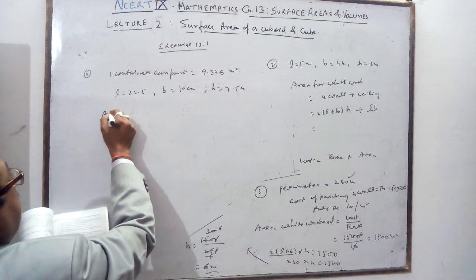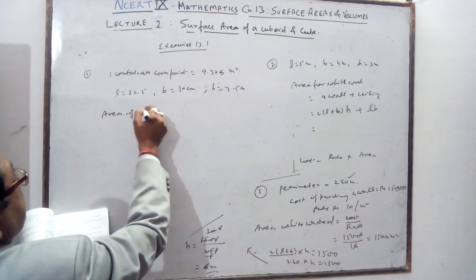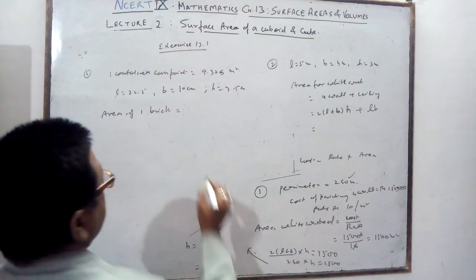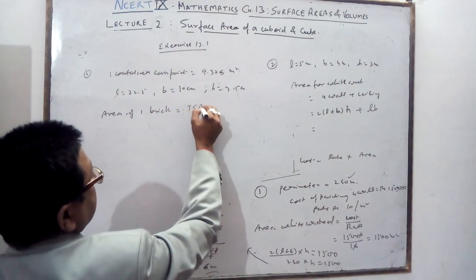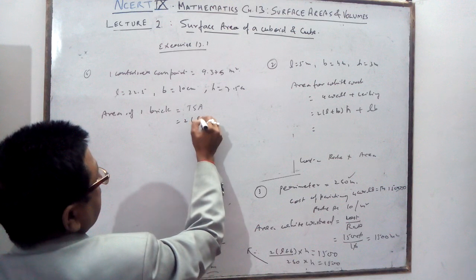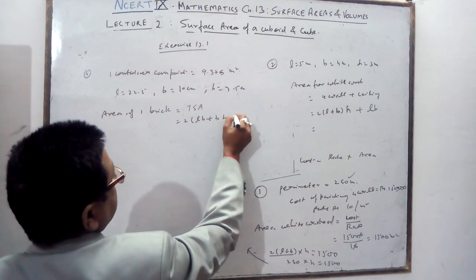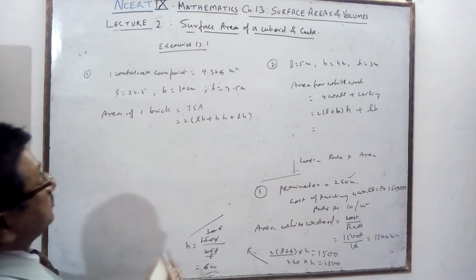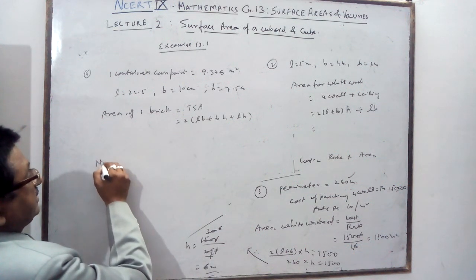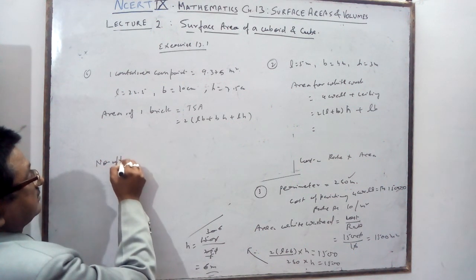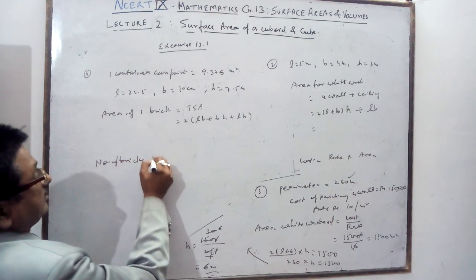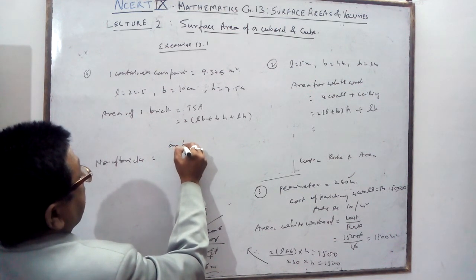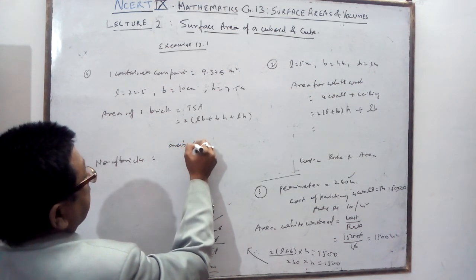So area of one brick is equal to TSA of cuboid, 2LB plus BH plus LH. It will be painted. So number of bricks is equal to the area of the container divided by the area of one brick.